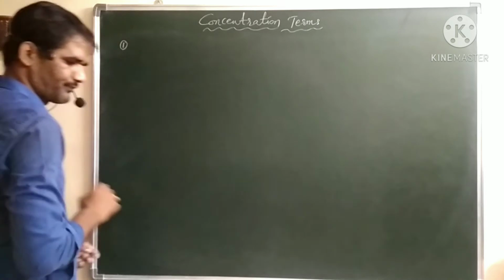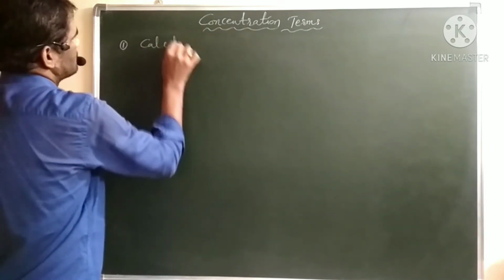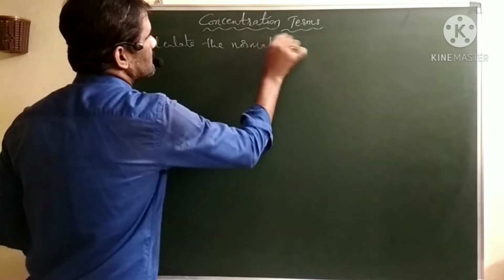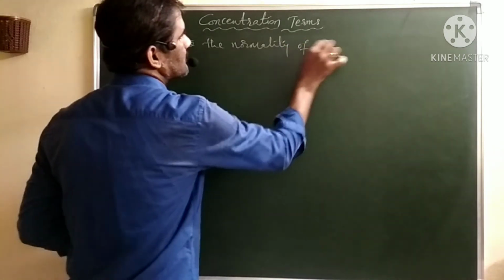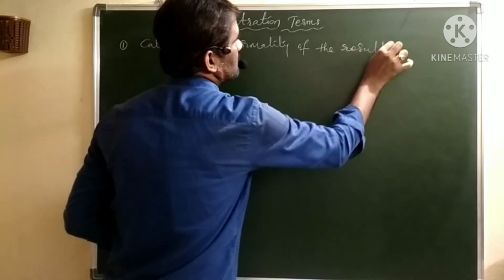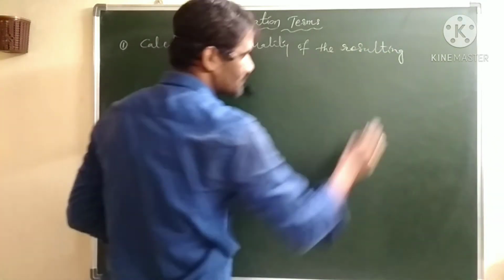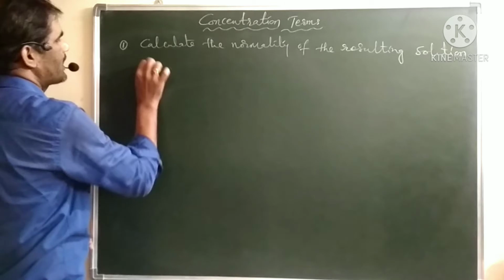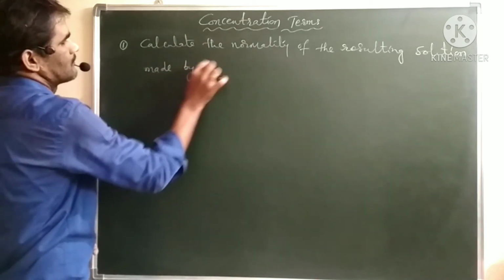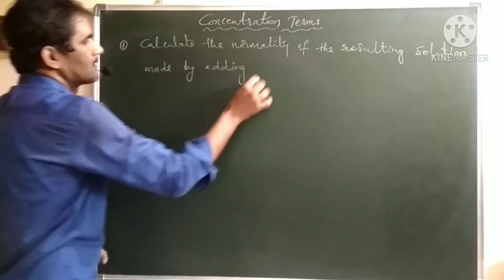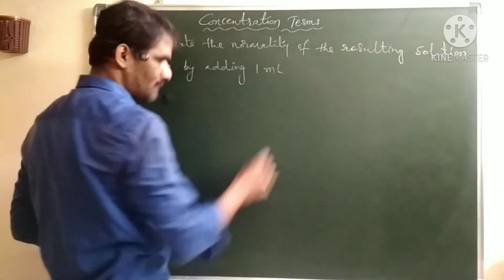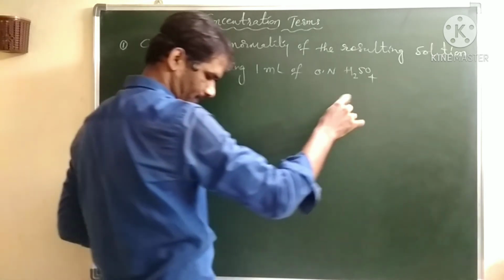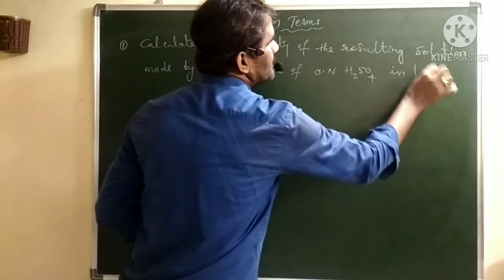The first one: calculate the normality of the resulting solution made by adding 1 ml of 0.1 normal H2SO4 in 1 liter of water.